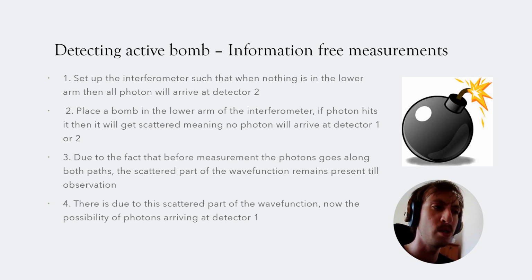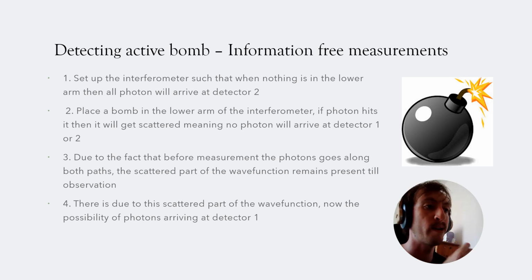However, because we see our photons at a detector, the bomb hasn't exploded and the photons have never been scattered. So in other words, we've determined that our active bomb is there using photons, even though our photons have never triggered the bomb and therefore never interacted with it. And it sounds mind-boggling, it is, but that's how strange quantum mechanics is for you.